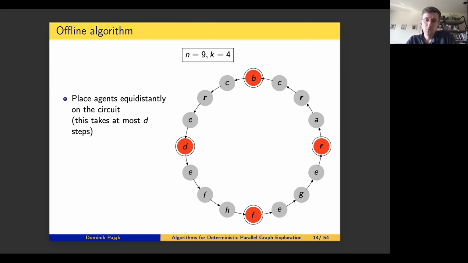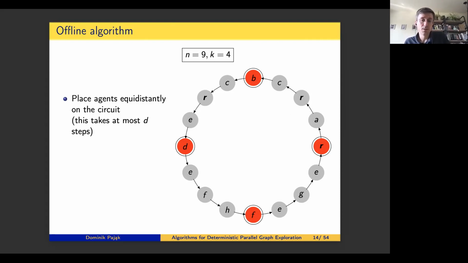So if we have 4 agents, they can look at the cycle and place themselves. I mean, decide one of them goes to node F, the second goes to node R, the third goes to node B, and the fourth goes to node D. And this takes D steps because D is the length of the longest path in this graph.